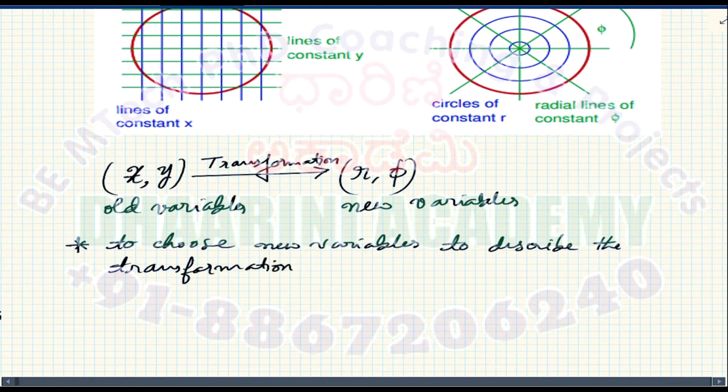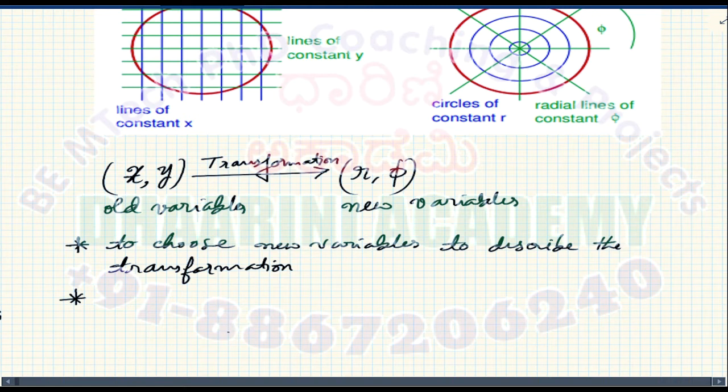I'm supposed to do this first, and my next objective is to describe the function in the new variables. What are the different functions? Because here I know that x and y are the constant lines. A constant x value will have a line, a constant y value will also be a line.